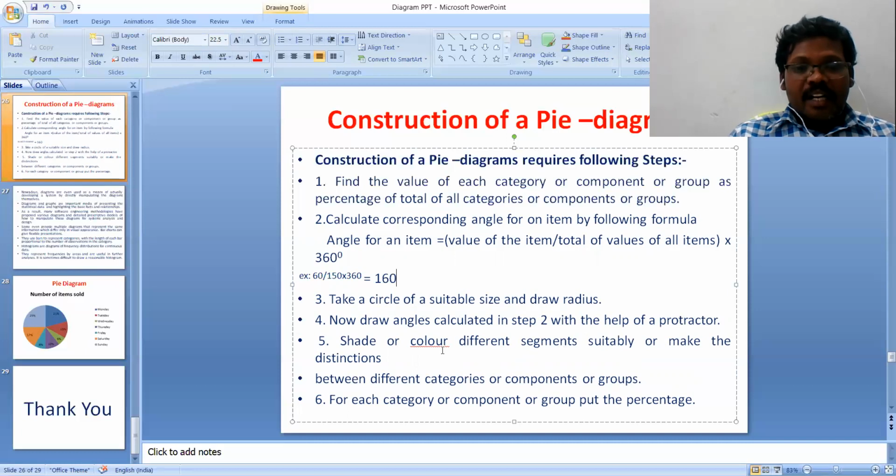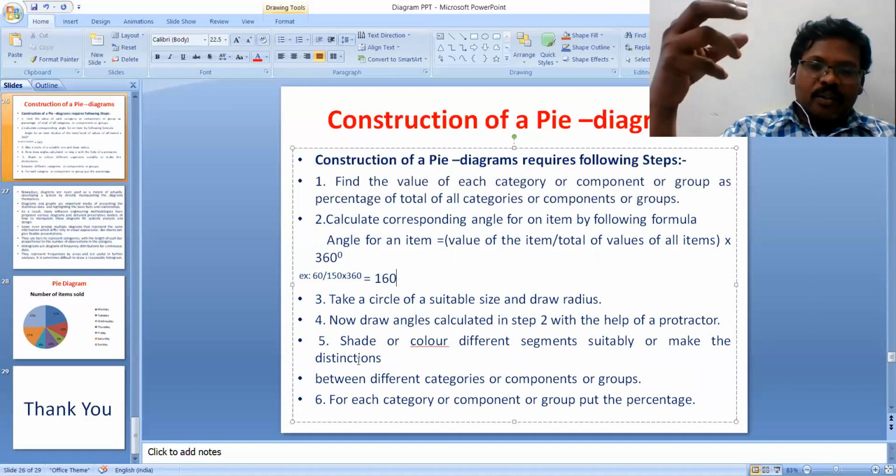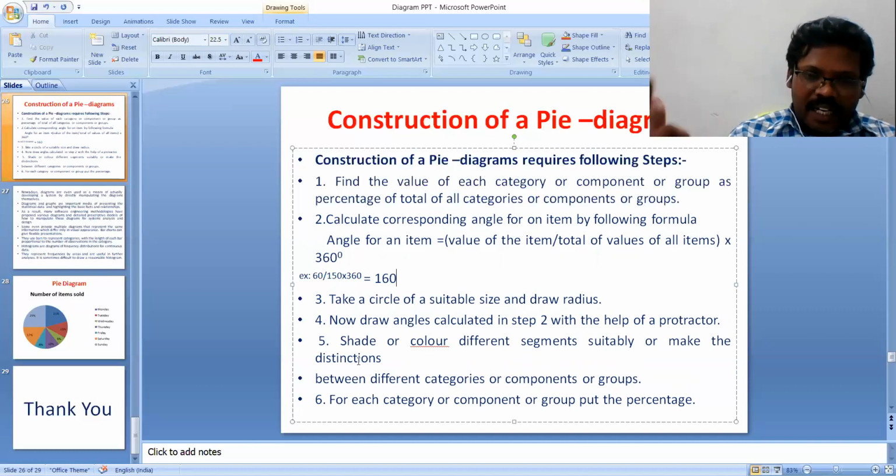Shade or color the different segments suitably to make the distinctions. Like that, we calculate each one, demarcate it and color it for the proportions.